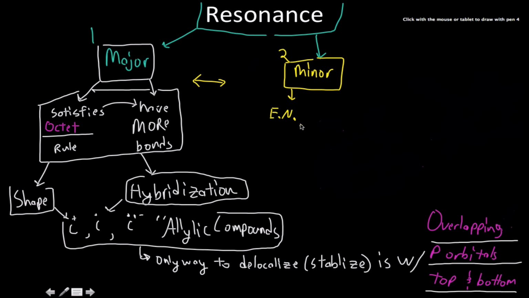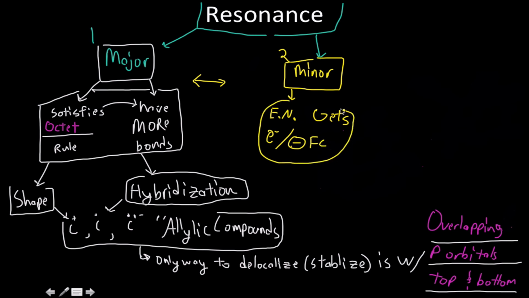The minor structure is usually the one where the electronegative atom gets the electrons, the negative formal charge.